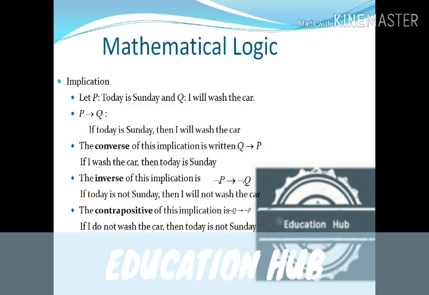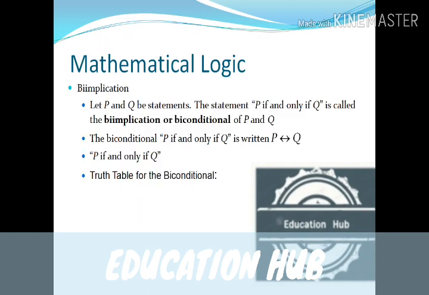Now for implication, let P be: today is Sunday, and Q be: I will wash the car. Then P implies Q means today is Sunday, that's why I wash the car. In the converse we can say Q implies P, which is also possible if the condition is satisfied.